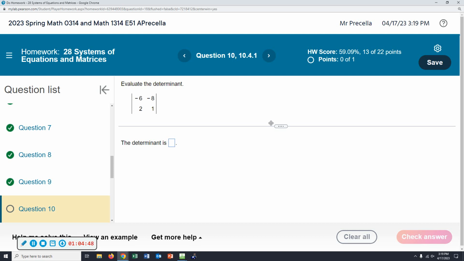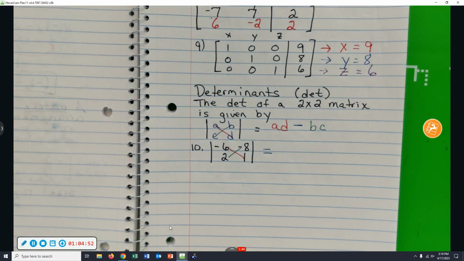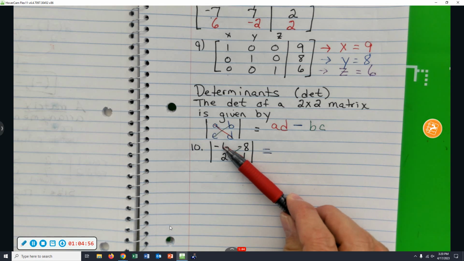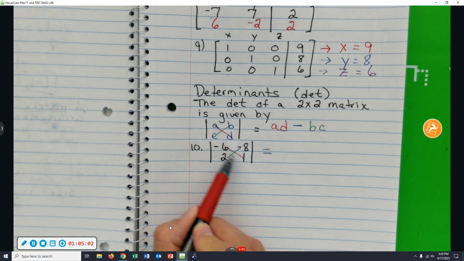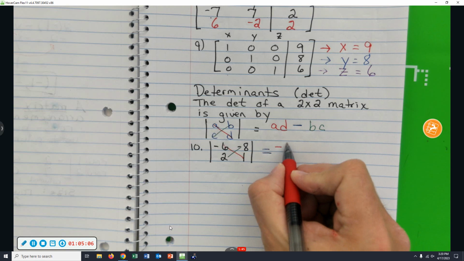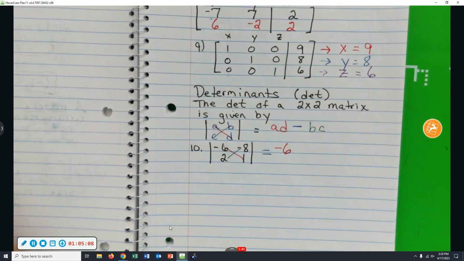Okay. You've got to make sure we're doing this red diagonal first. That's why I say always start with the first number. So you're doing this one, negative 6 times 1. That's a negative 6.